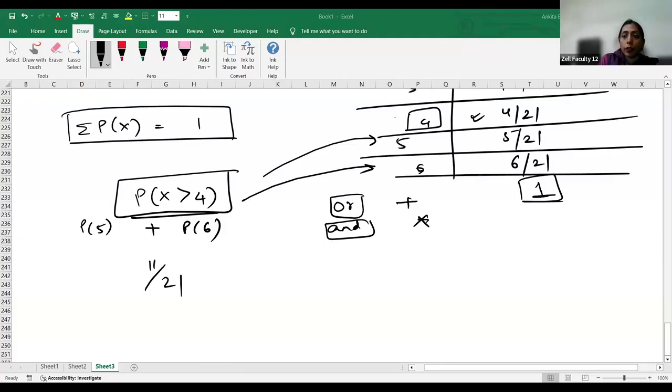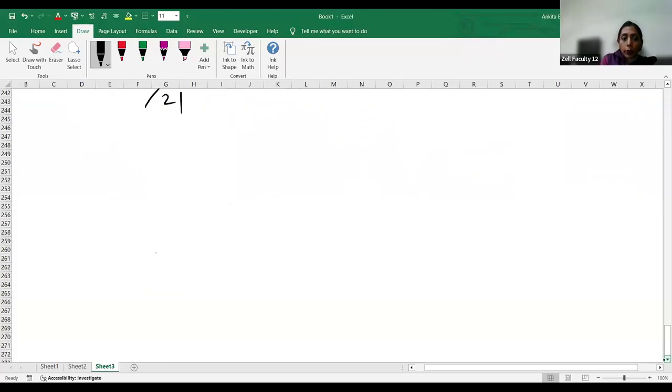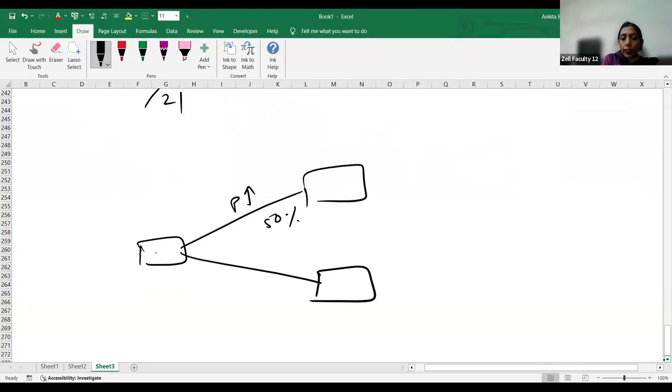Okay, let me give you one more question. The probability that the shares of one company will increase in value over the next month is 50%. Price increase 50%. So the probability of price decrease would also be 50%.